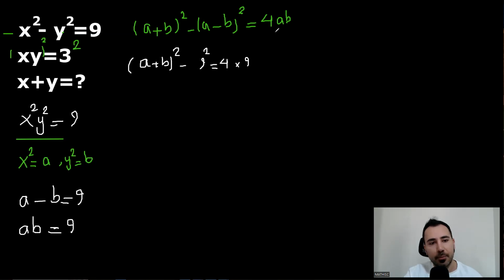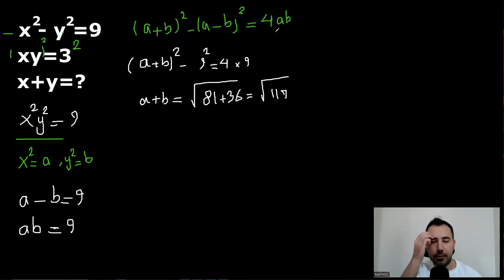So A plus B becomes, I'm going to go straight, the square root of 81 plus 36, right? Which will be square root of 117.